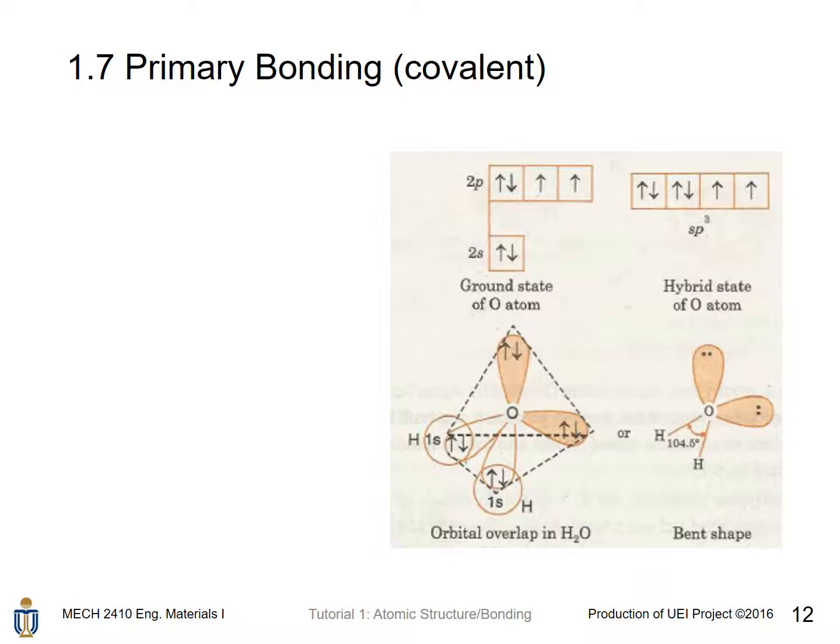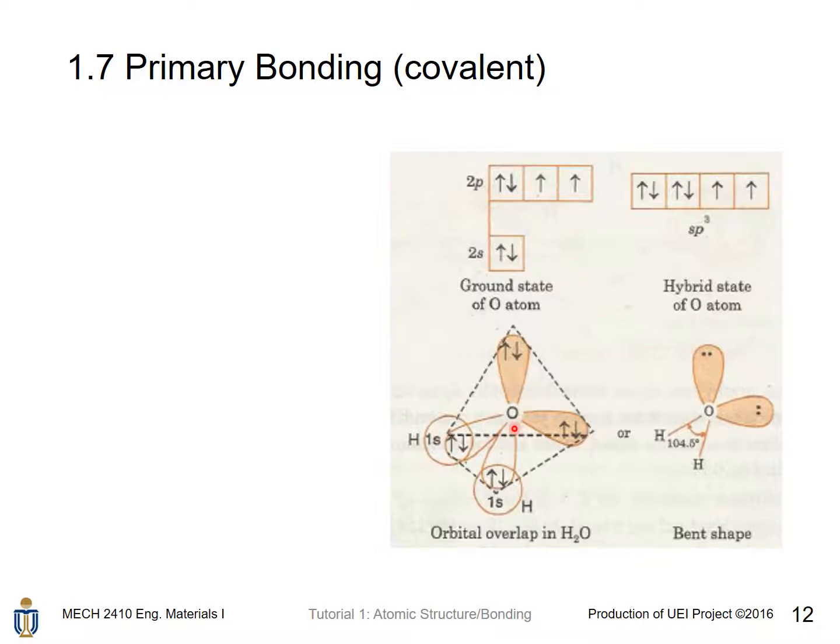Here is an example of hybridization in the H2O molecule. H and O will form covalent bonds between each other. Hydrogen has only one electron in its valence shell, and it will share that one electron with oxygen.